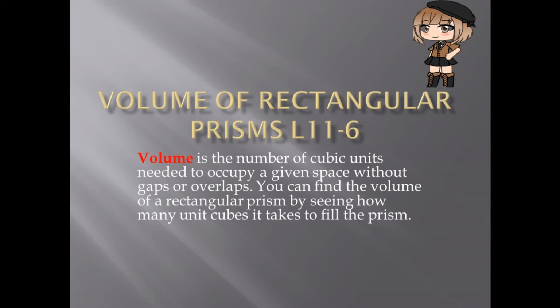And this means how many cubic units, how many cubes, can cover or occupy this solid shape without any gaps or overlaps. So we use the volume to measure solid shapes or 3D shapes.